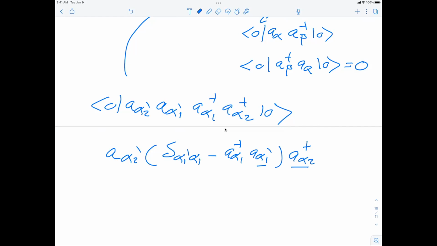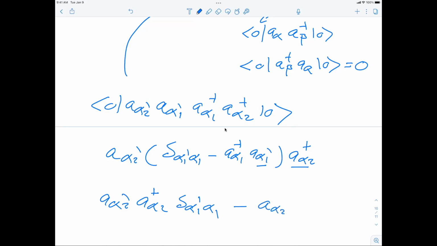And then I know that in this specific state, alpha 1 prime has to be equal to alpha 2 as well. That's the only possibility which we have. So what happens then is the following. I would keep this alpha 2 prime, and then I get an A alpha 2 dagger, and then I get a delta alpha 1 prime, alpha 1, and then I have minus, and let's rewrite this one.